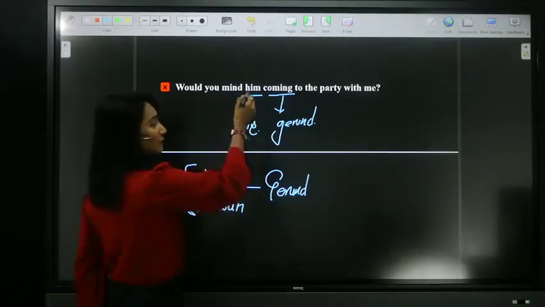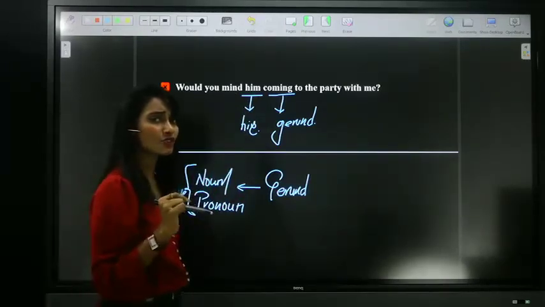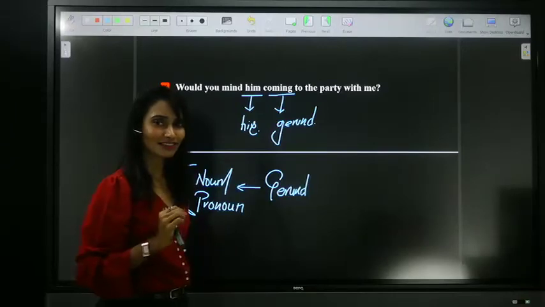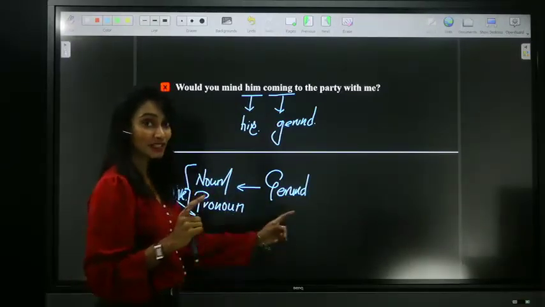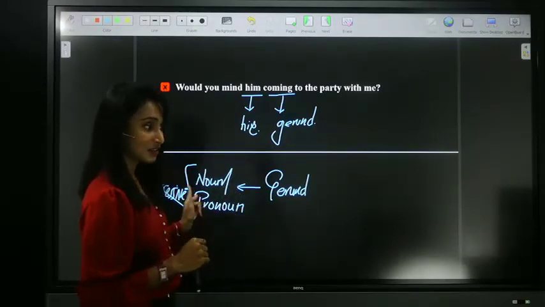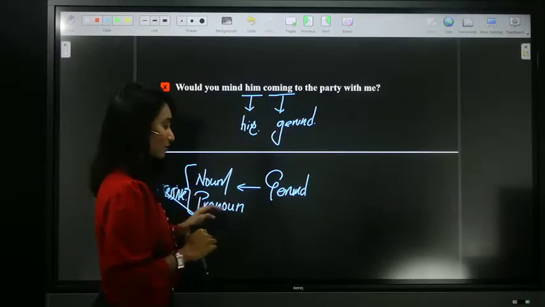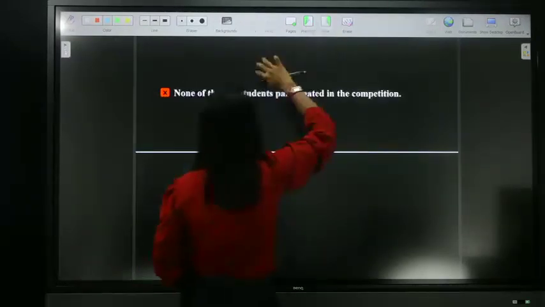So we require possessive, not objective. Would you mind his coming to the party with me? Did you understand that? So remember this one. Gerund, when preceded by a noun or a pronoun, they must be in possessive case. So not he also, it should be his coming. Gerund is there. Now look at the next one.